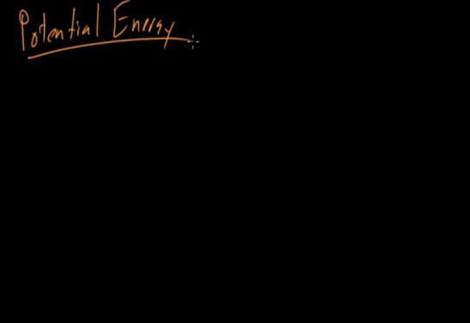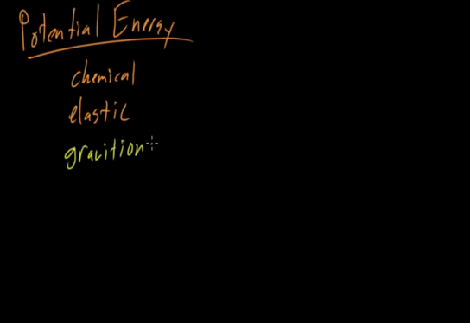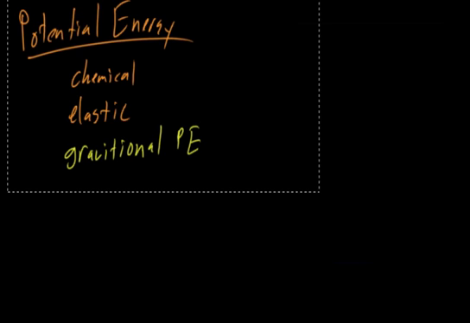It could be used to move, or could be used to explode, or whatever. In particular today, there's lots of potential energy. There's like chemical, there's elastic, lots of different things. But today we're going to focus on gravitational, because it's one of the easiest ones to model. Gravitational potential energy. So keep that in mind. Gravitational potential energy is what we're dealing with.